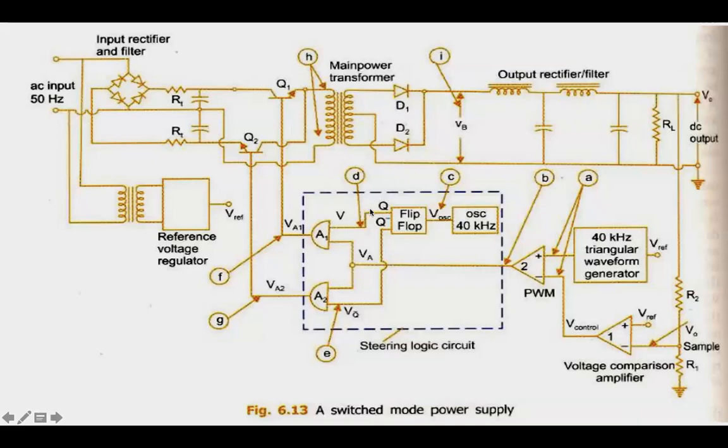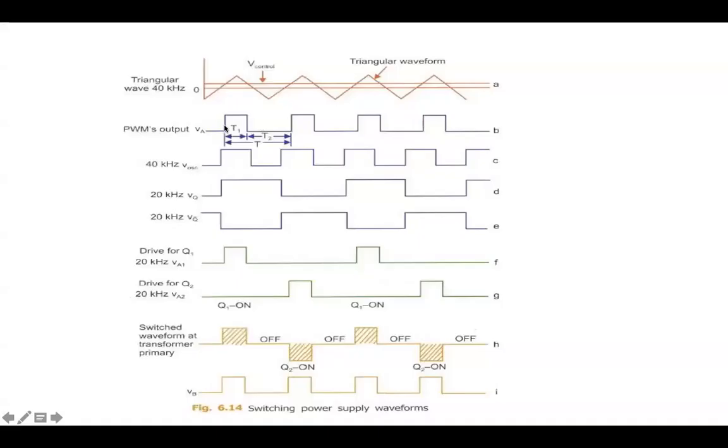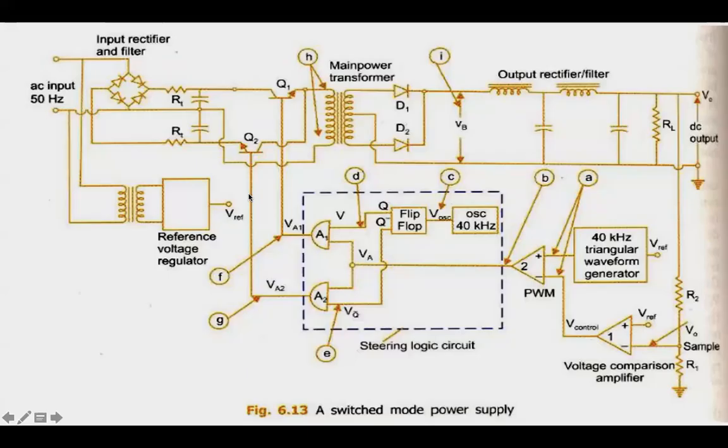One is taken from the flip-flop, and the other one is from the PWM. So from the flip-flop the point is D. So D into B is actually going to give me F.